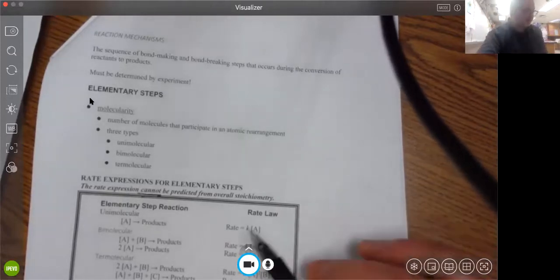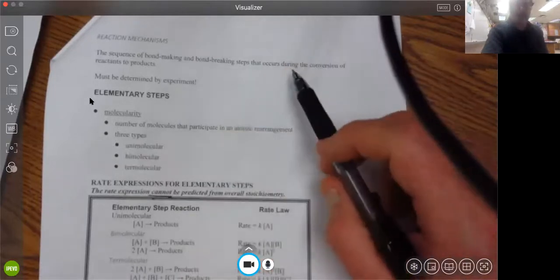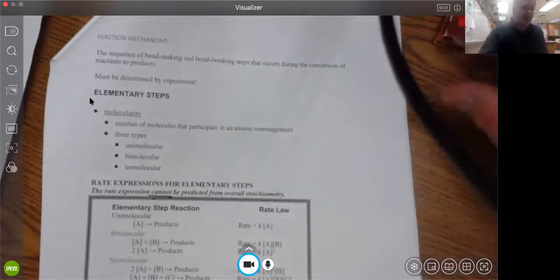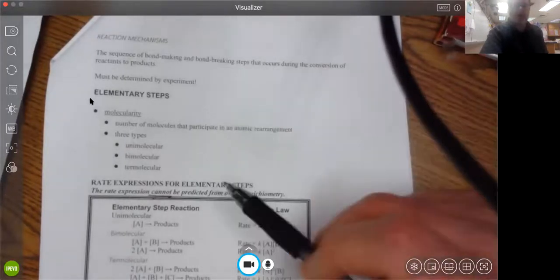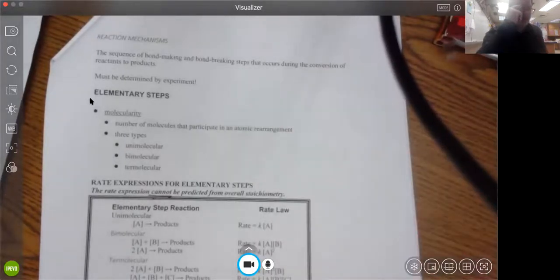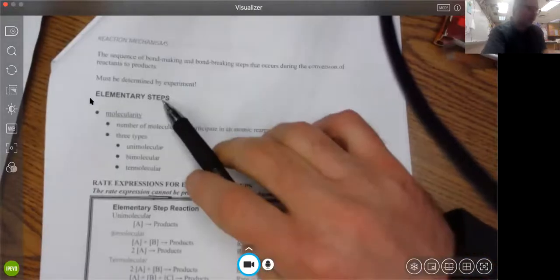These intermediates form, and maybe they break apart and form the products, or the intermediates form other intermediates, and then finally you get to the products. If you have the rate law, and if you have the ability, you can actually break down an entire chemical reaction into what we call the elementary steps.